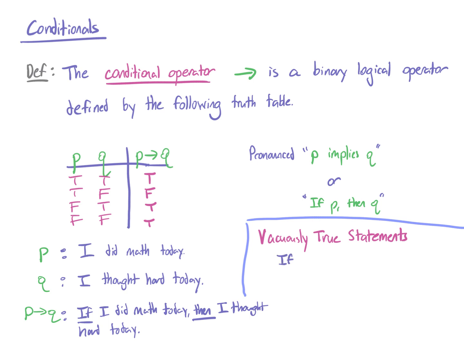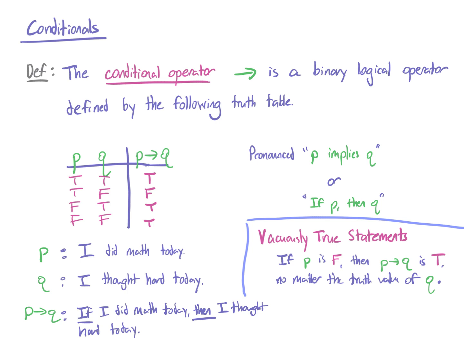If P is false, then the statement P implies Q is always true, no matter the truth value of Q.